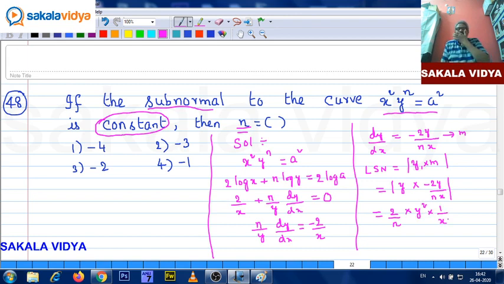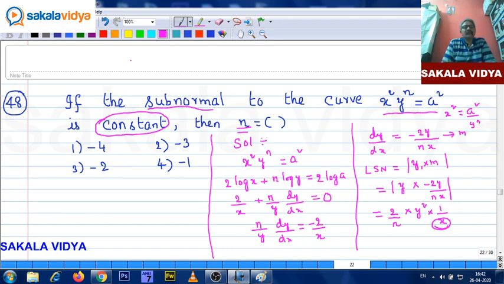Okay. So, now let us write here. What is the value we have here? x. We need to change this x value now. From this curve we can write x square is equal to a square by y power n.